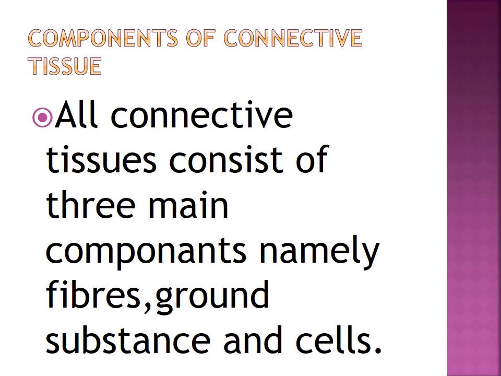Collagen, elastic and reticular. Then the connective tissues are of three types, namely loose connective tissue, areolar, adipose and reticular; dense connective tissue, dense regular and dense irregular and elastic; and specialized connective tissue, cartilage, bone and blood. This is very important for the components of connective tissue.